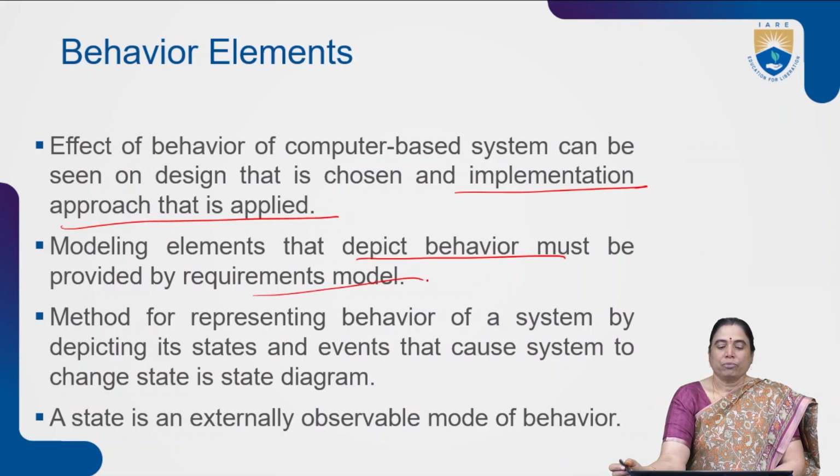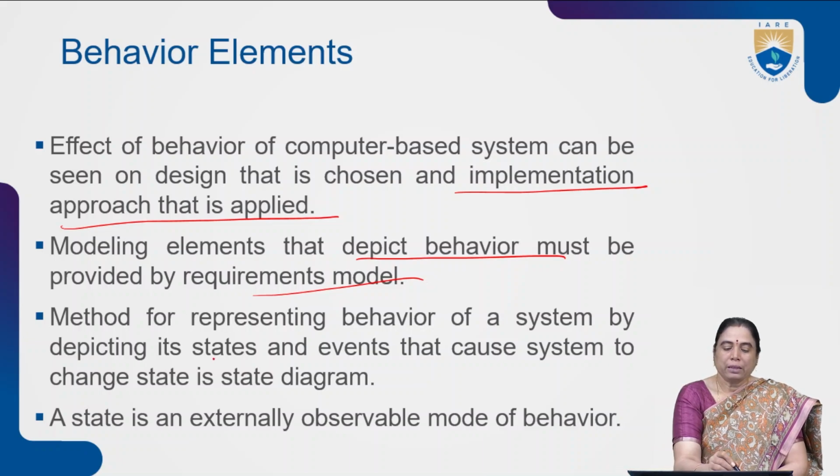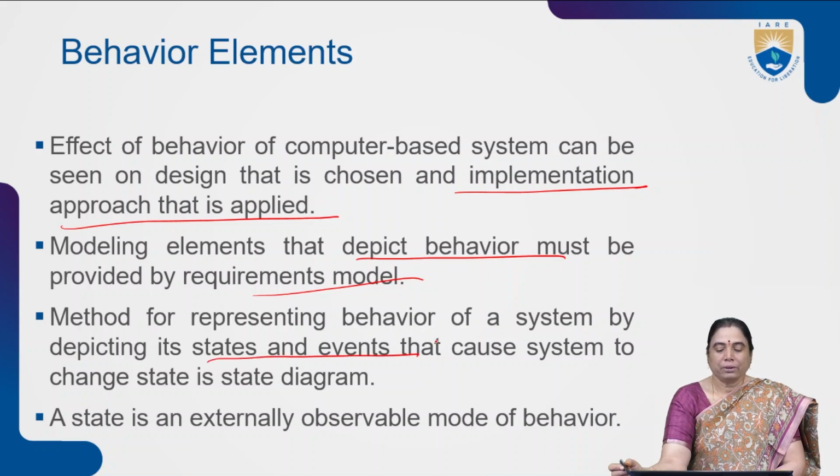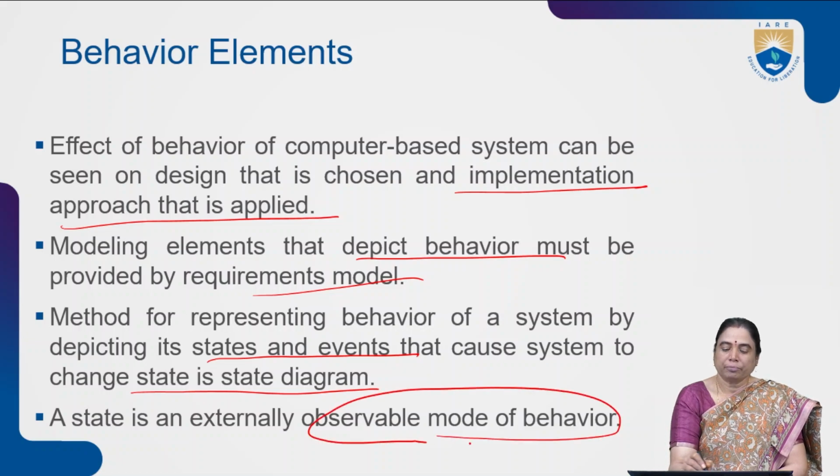So a method for representing behavior of a system is with the help of states and events that cause the system to change state in the state diagram. So the basic UML diagram that can be used for behavior elements modeling is the state chart diagram. A state is an externally observed mode of behavior.